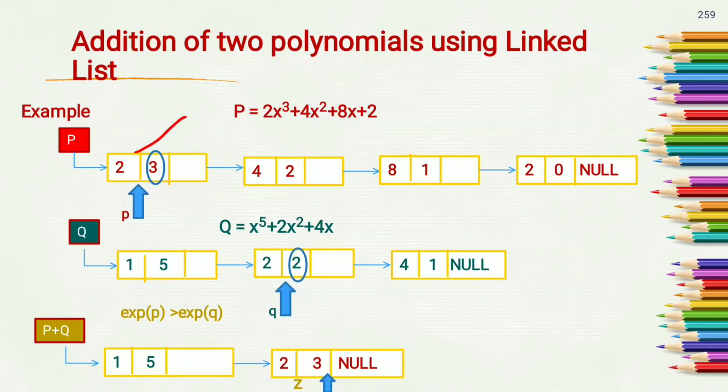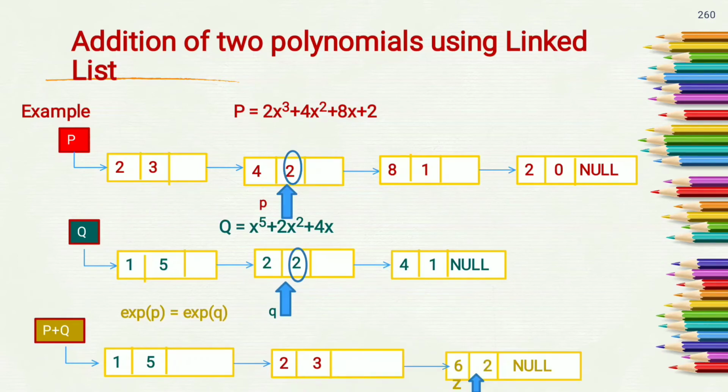As this node is copied into the P plus Q polynomial, we have to move the pointer of P to the next node. Now again we have to compare the exponent of P with the exponent of Q. As you can see both have the same exponent, so we have to add their coefficients.